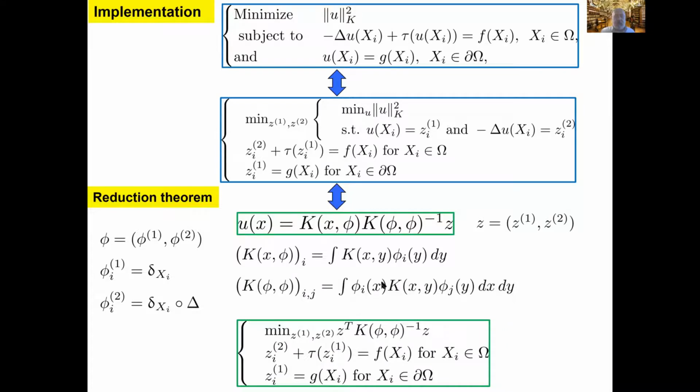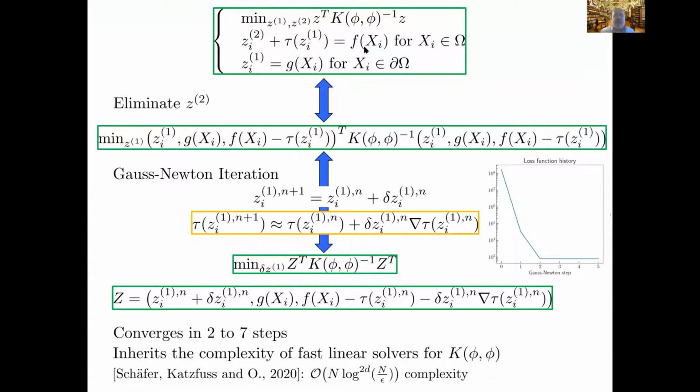So according to this formula, to identify this minimizer u, we only need to identify the slack variable z. And these variables are identified by plugging this representer formula into the previous optimization problem, which then reduces to the following finite dimensional optimization problem over Z. Now, to solve this finite dimensional constrained optimization problem, we use the constraint to eliminate one of the optimization variables, which here is the vector Z2, whose entries are the values of the Laplacian of U at the collocation points.